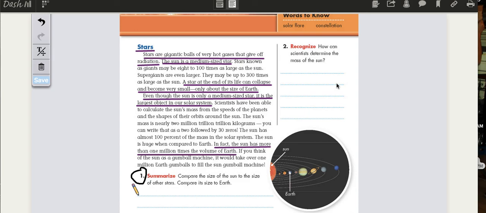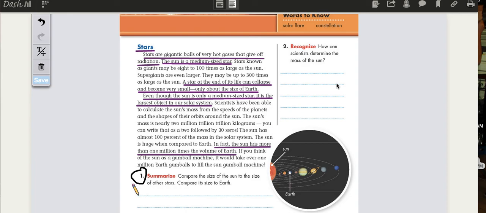Okay, so let's make a quick revision of what we talked about in today's lecture. We define stars as being gigantic balls of very hot gases. We see them because they give off radiation because of the high energy they have. And scientists use the colors of the stars to classify them into three important groups.